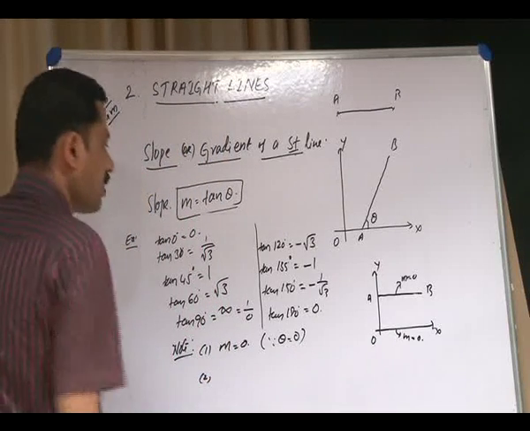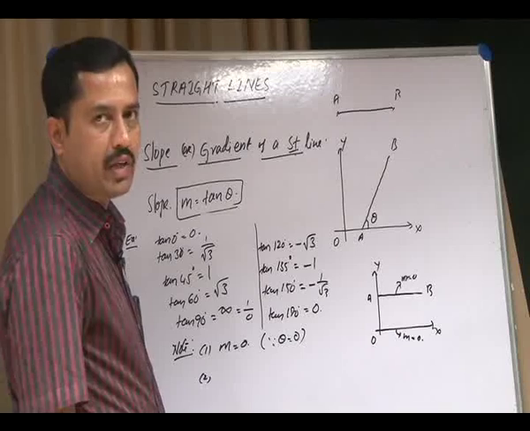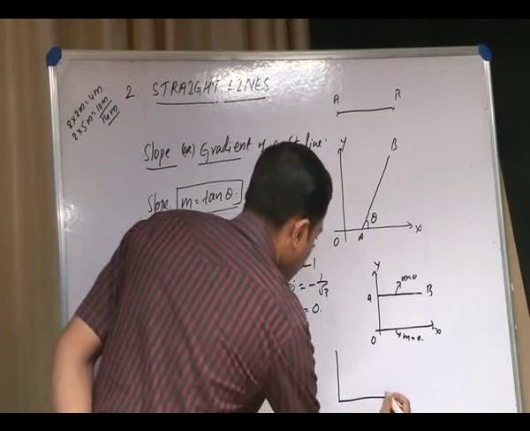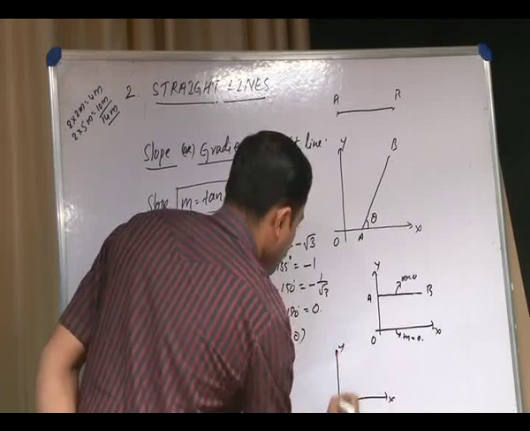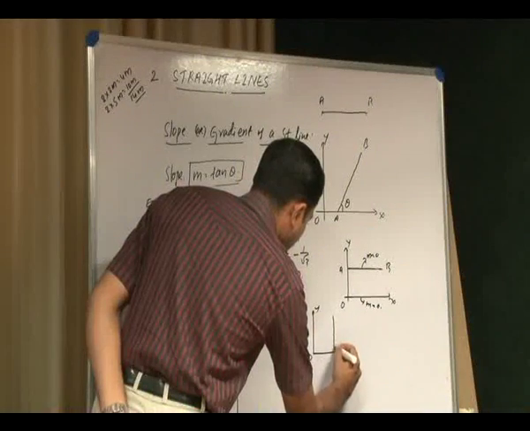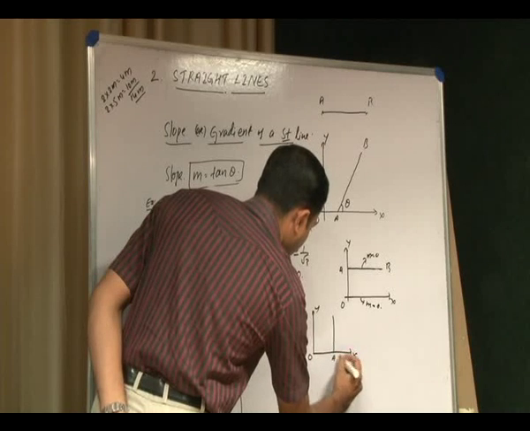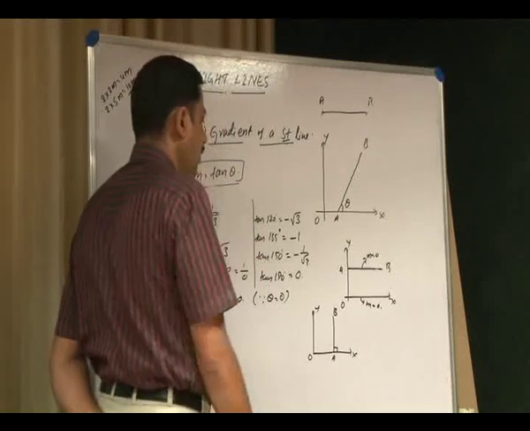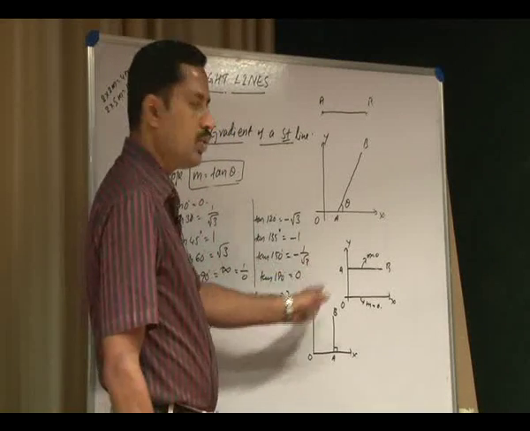Then suppose the straight line is perpendicular to the x axis. Consider the x axis and y axis with origin, and a straight line AB perpendicular to the x axis like this, or you can say parallel to the y axis.